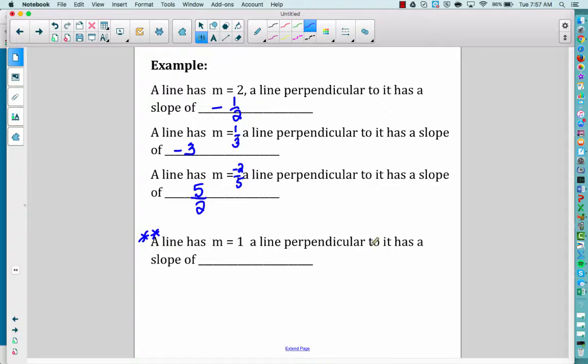A line perpendicular to it has a slope of, all right, so we do its opposite sign, and then we flip it. When we flip 1, it's 1/1. We get 1. So if a line has a slope of 1, a line perpendicular is going to have a slope of negative 1. All right, so hopefully you understand the concept of negative reciprocals or opposite reciprocal slopes. So perpendicular lines, again, have opposite reciprocal slopes or negative reciprocal slopes.